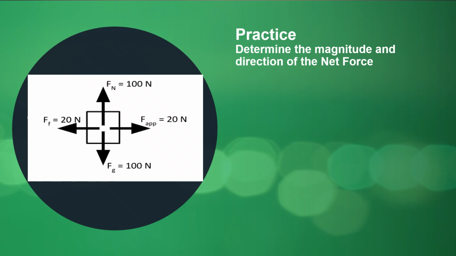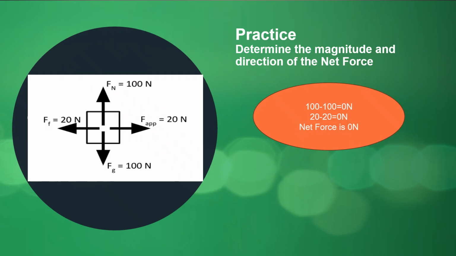So let's go ahead and try some of these problems and see if we can hopefully learn how to work with that, as well as our great force is equal to mass times acceleration formula. So this one, we have a force of gravity downward of 100. The opposite direction is normal force of 100. So 100 minus 100 is going to be 0 newtons.